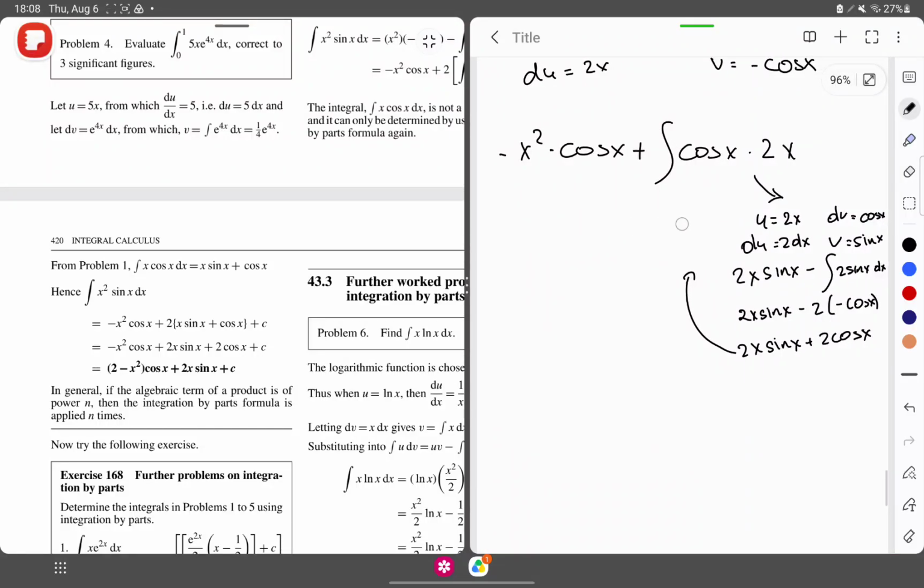Negative x squared cos x plus 2x sine x plus 2 cos x plus c.